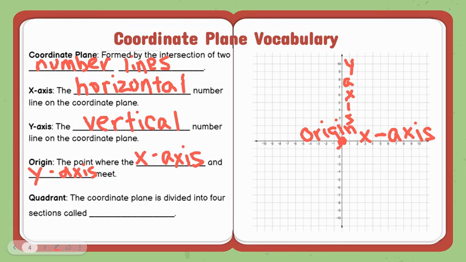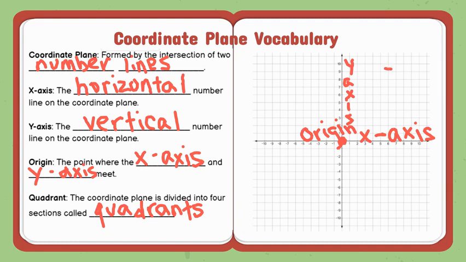All right, and then lastly is the quadrant. Okay, so a coordinate plane is divided into 4 sections, and we call them quadrants. And they are labeled using Roman numerals.